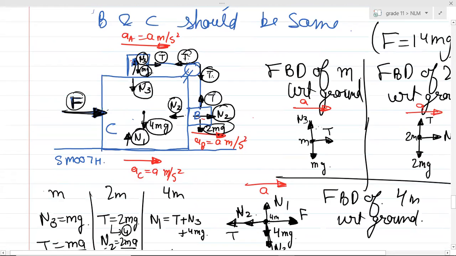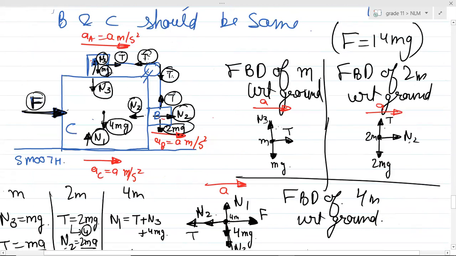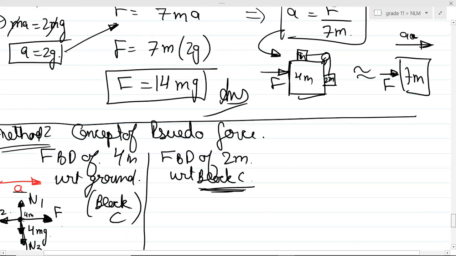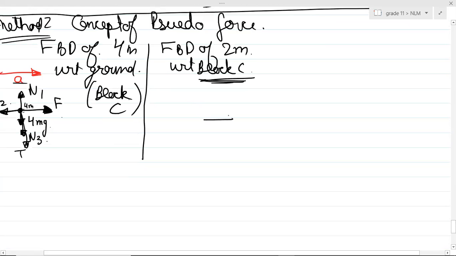So what all forces are acting on this 2M? The forces were N2, T and 2mg, so I'll draw those forces because they are acting.